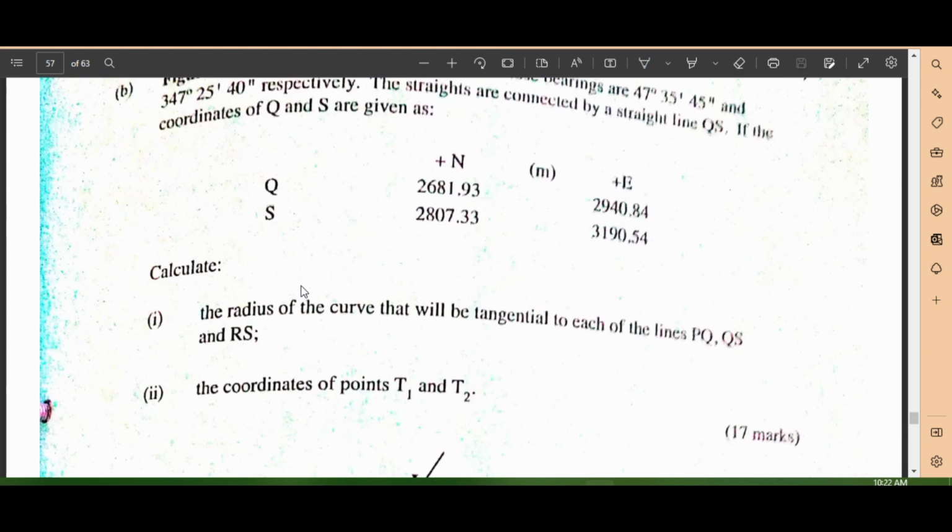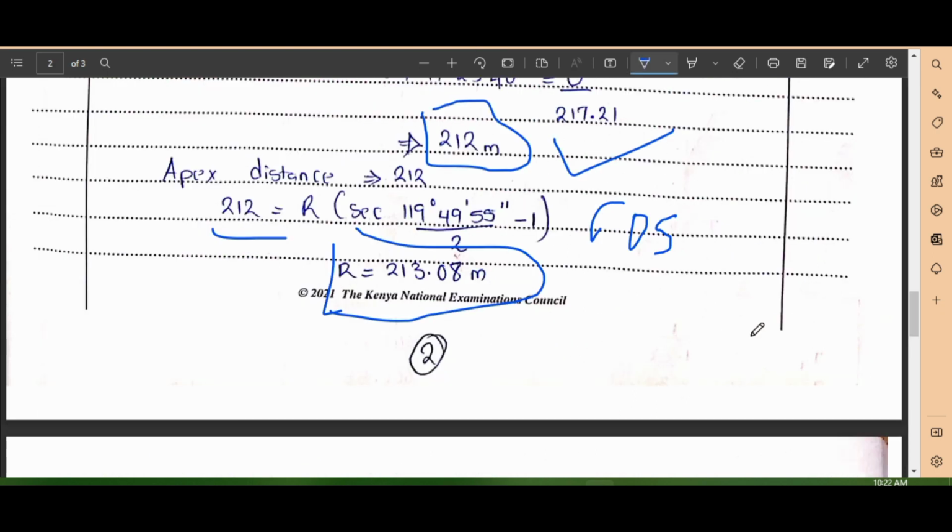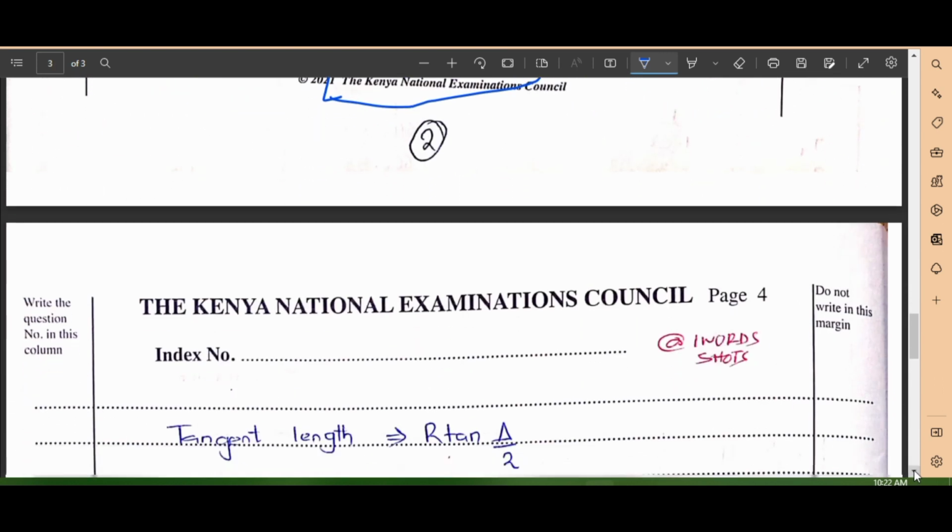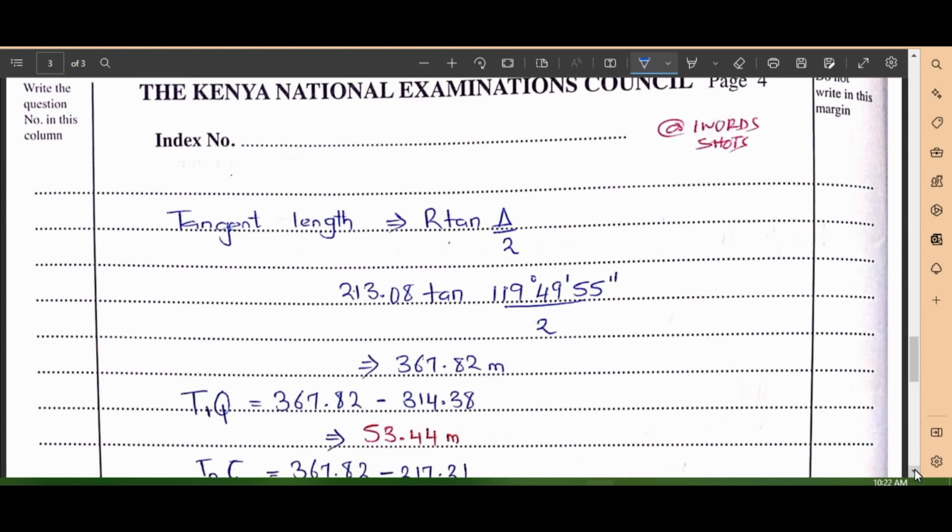They needed the radius of the curve, which is tangential to each of the lines. Then we go ahead and calculate the coordinates of points T1 and T2. Here we need to go back to the formula for tangent length. Tangent length is equal to R tan(theta/2).